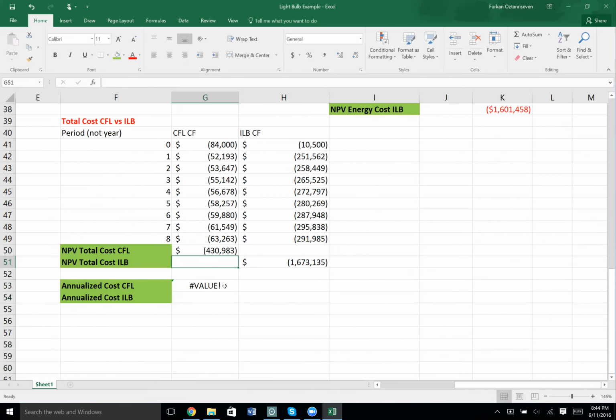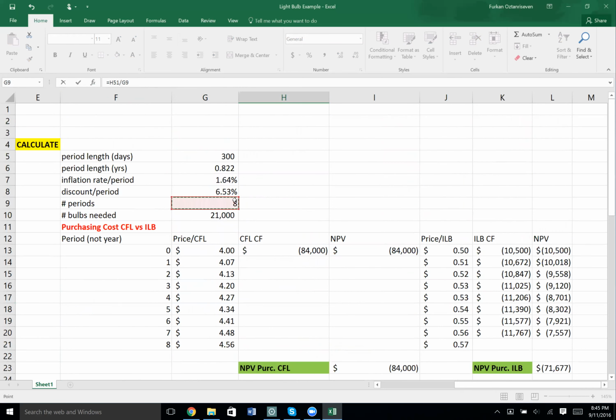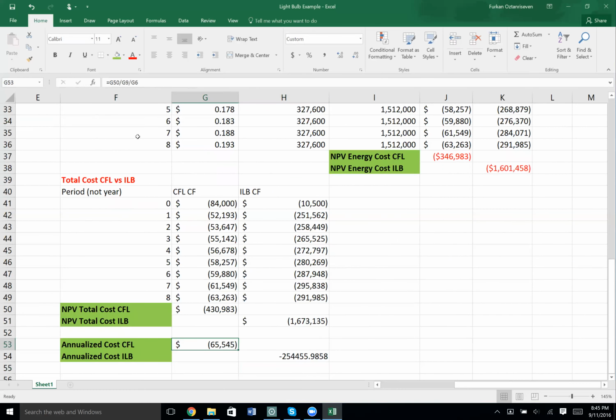So per year, just divide. It costs $65,000 and $65,545. And if we annualize ILB costs, this divided by number of periods, divided by the period length, which you can see here, it's $254,000.